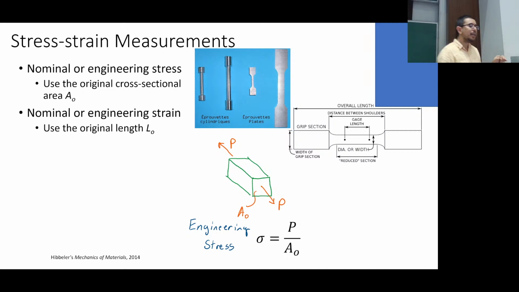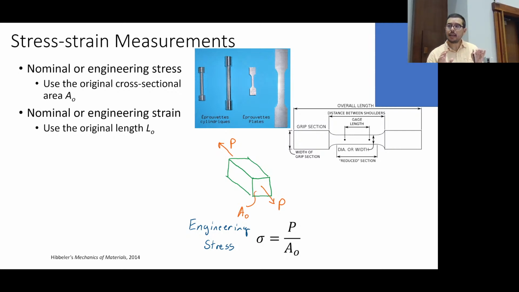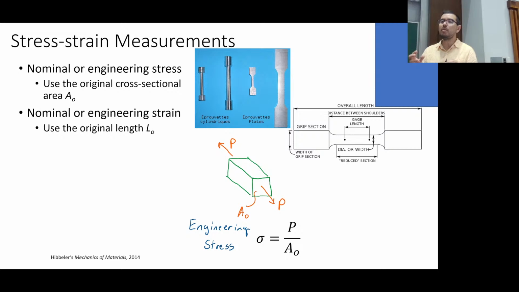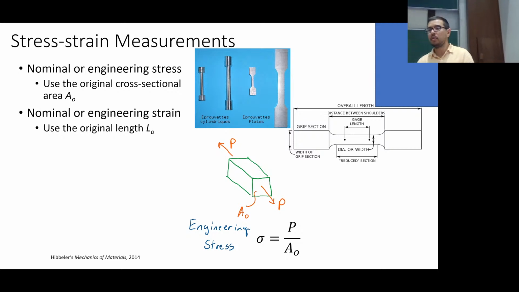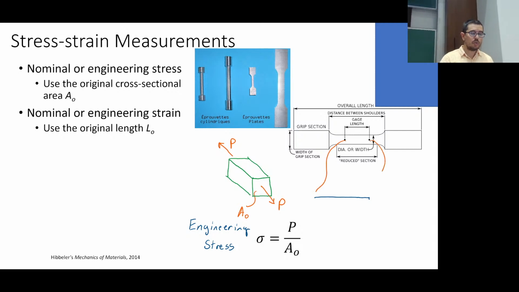Also, when we calculate strain, we are going to keep the nominal length constant. We're going to say that our strain calculation is going to be related to the initial length. And just to give some context, here is the nominal length.